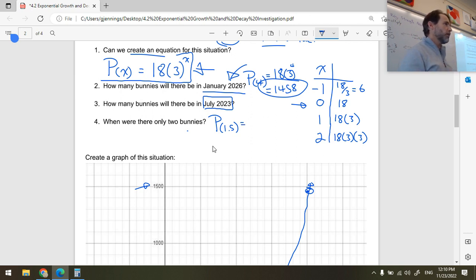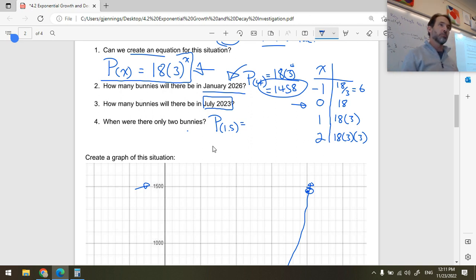Bunnies are going to be reproducing fairly continuously over the year, so it's not going to be like the tennis tournament example where it doesn't make sense to consider what happens after 1.5 matches. You either played one match or two matches, but not in between. In this case, you can have fractional or decimal numbers of years.